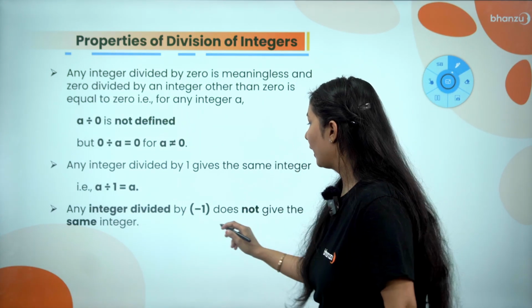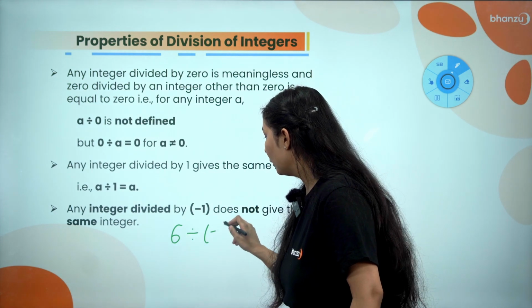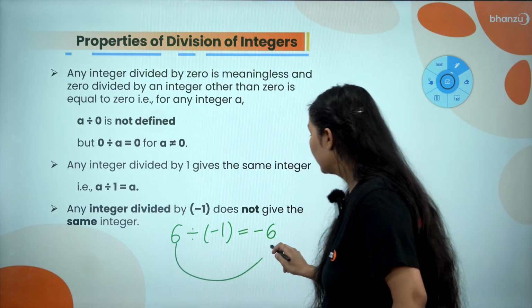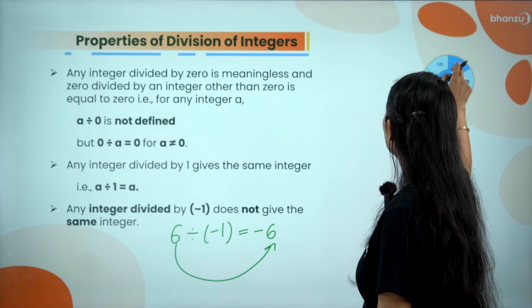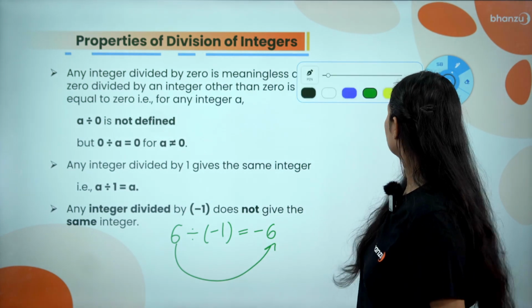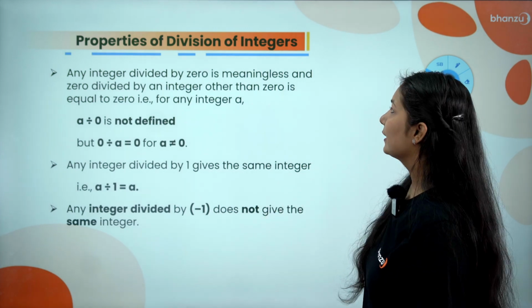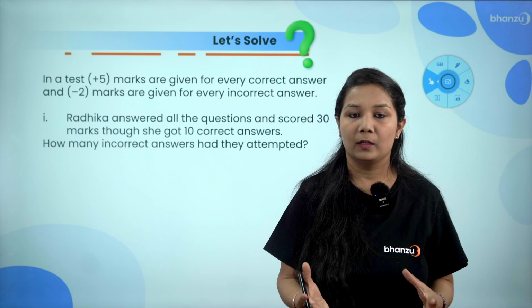If you have 6 divided by minus 1, it would give us minus 6. So these two integers are not the same, right? Even if you try it out with a negative integer, it won't be the same.